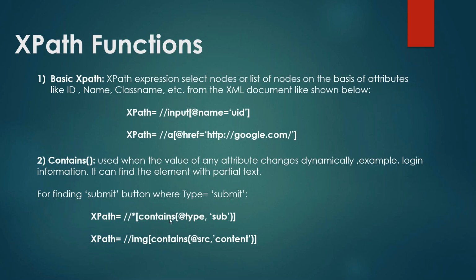If I say contains in simple words, what do you mean by contains? Means something which is inside or something which is contained in something, right? Contains means something which is inside something.